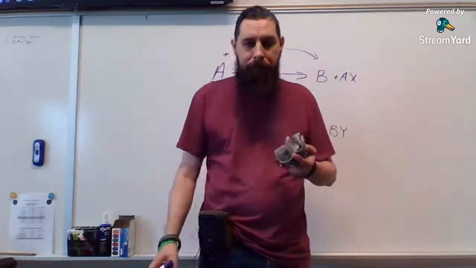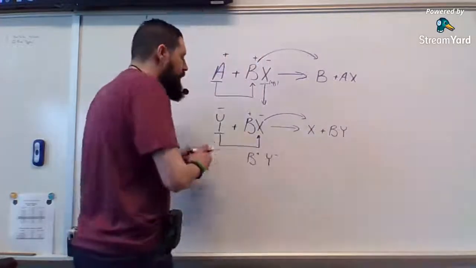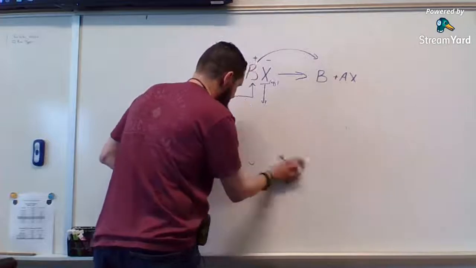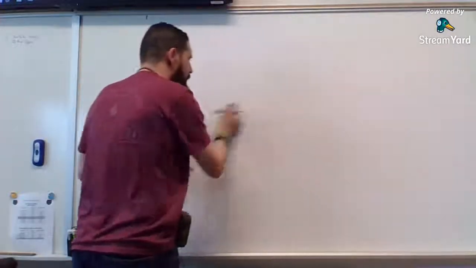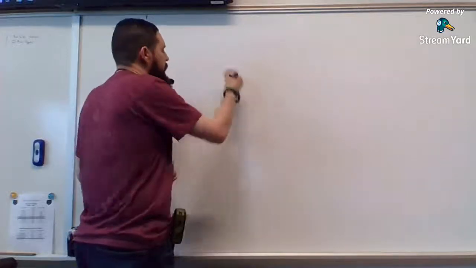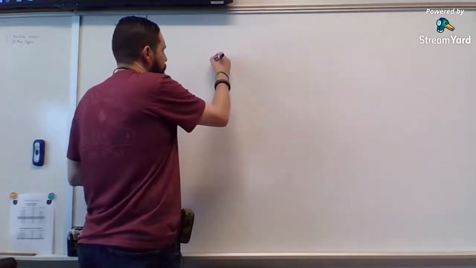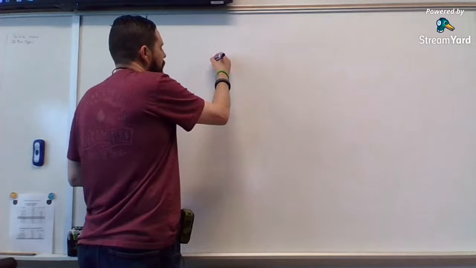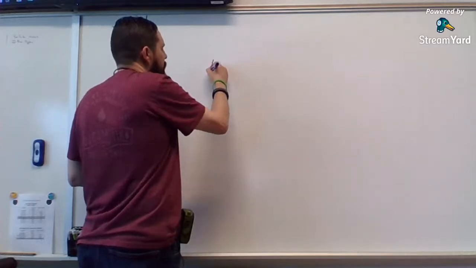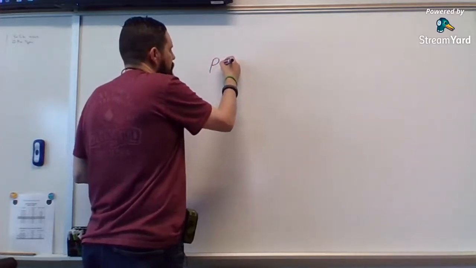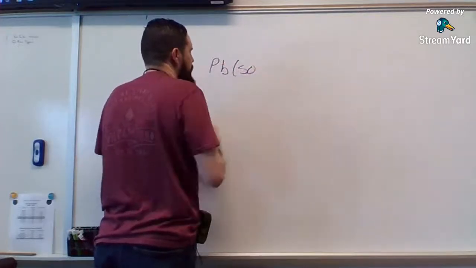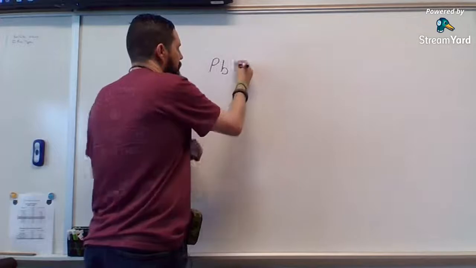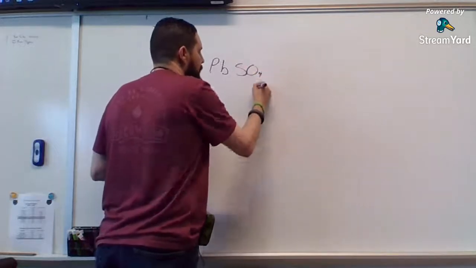Okay. So for single displacement reactions, let's clear this board. If I have a reaction, for example, where I am taking lead sulfate, PbSO4, coming up with these off the top of my head.